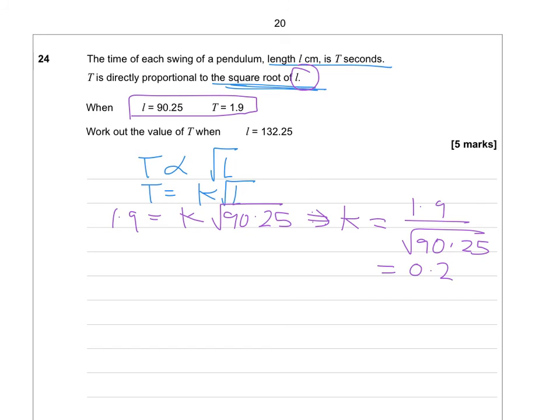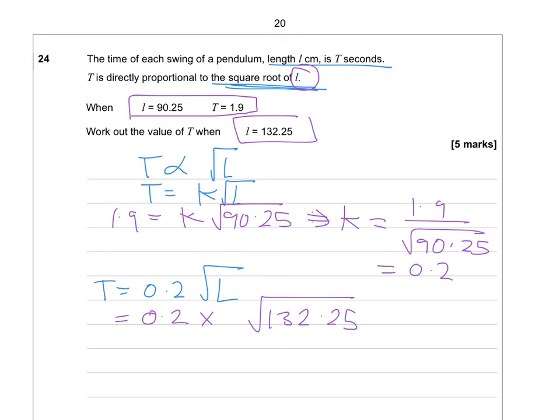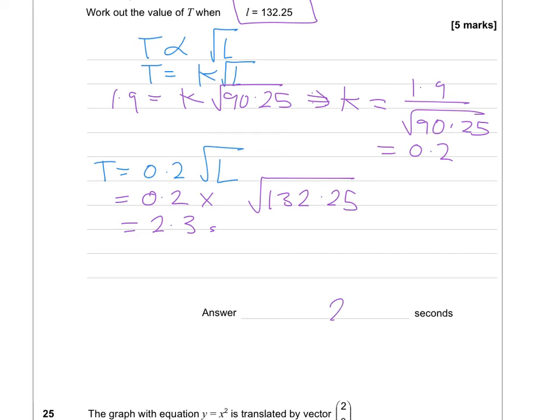So we have the relationship t equals 0.2 root L. Work out the value of t when L is 132.25. So t equals 0.2 multiplied by the root of 132.25, which is a value of 2.3 seconds. And we can fill that in over here.